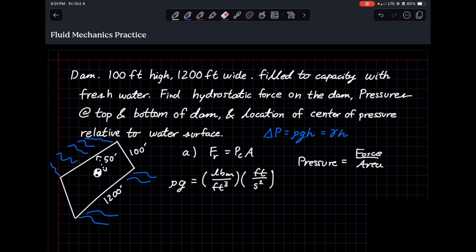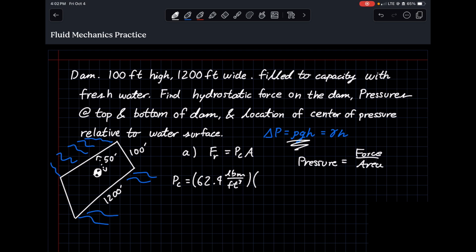So the best way to show that is just to calculate it. Because if we say that Pc, this is all coming from the hydrostatic equation right here, Pc is equal to the density of water, which is 62.4 pound mass per cubic foot.